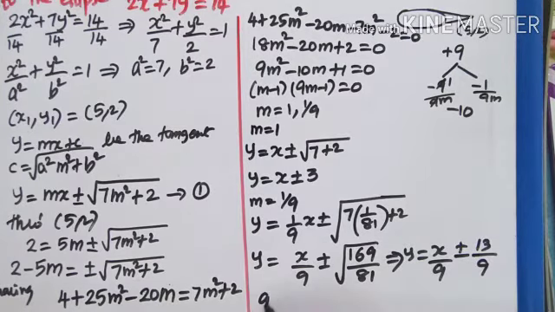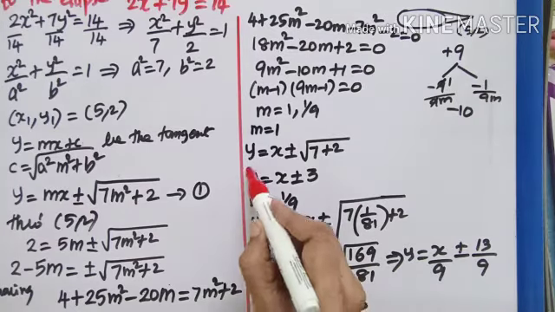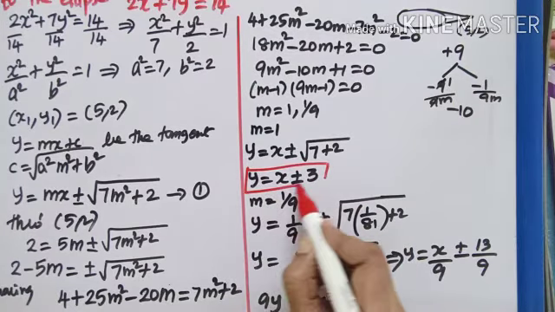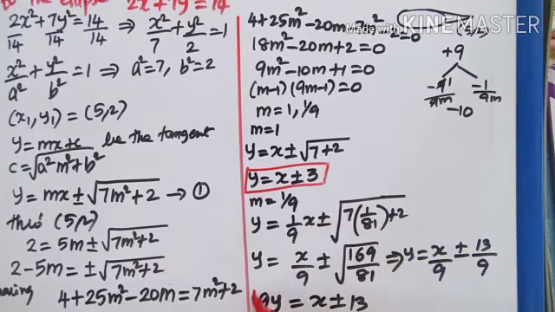Cross multiplying, 9y equals x plus or minus 13. So we are able to achieve two different equations. y equals x plus or minus 3, or 9y equals x plus or minus 13, and that is the answer.